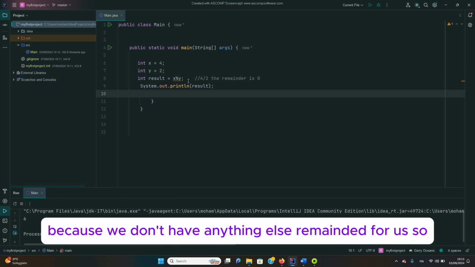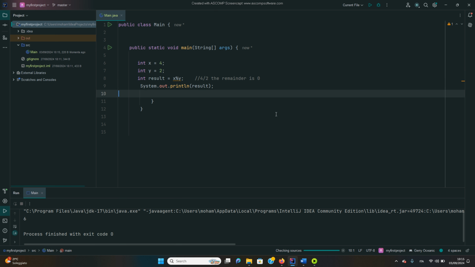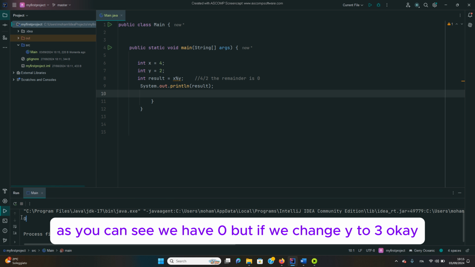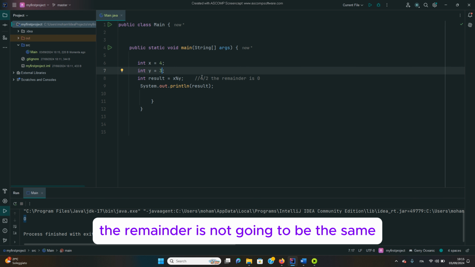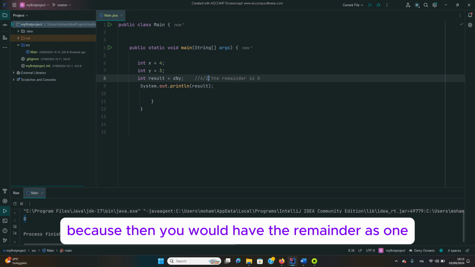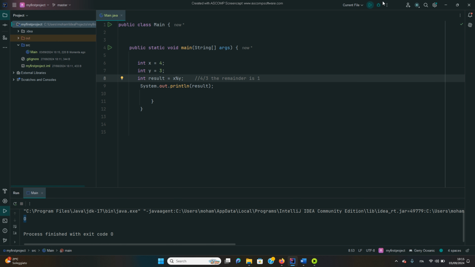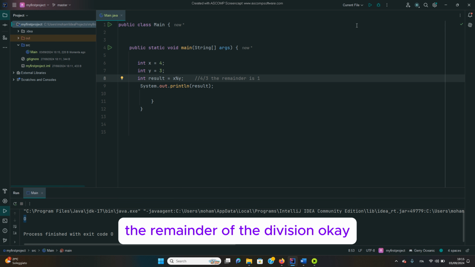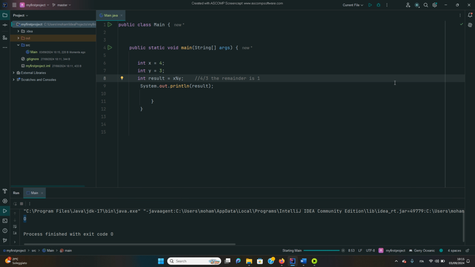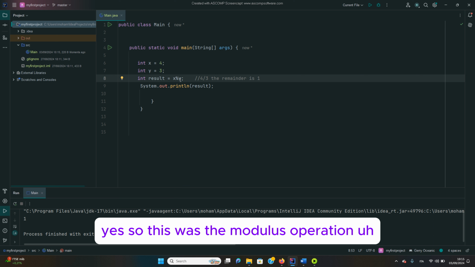Okay, because we don't have anything else remaining. So, as you can see, we have 0. But if we change y to 3, okay, the remainder is not going to be the same, because then we would have the remainder as 1. The remainder of the division, okay? Yes. So this was the modulus operation.